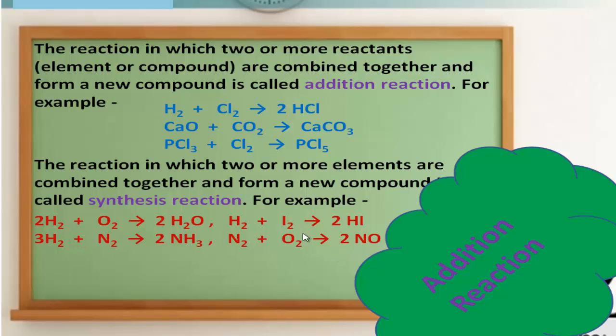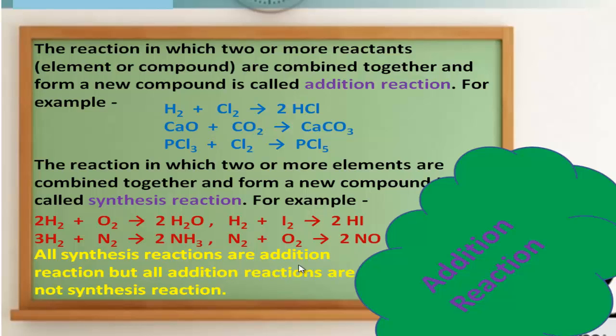So it fulfills all the conditions of addition reaction, except for the reactants being compounds. So this is part of synthesis reaction, but this is also an addition reaction. So we can say all synthesis reactions are addition reactions, but all addition reactions are not synthesis reactions. This statement is also very important as a question in exams.